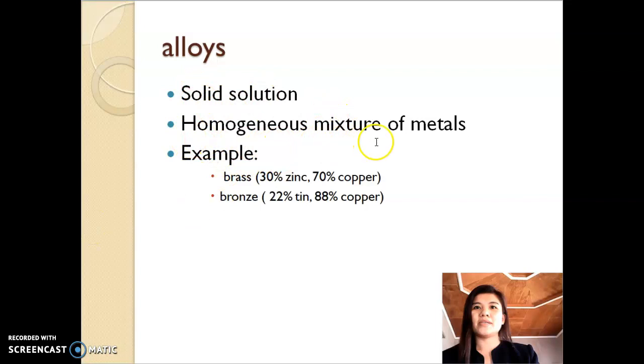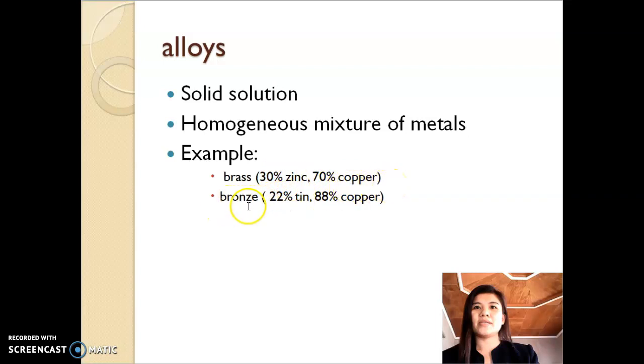They are homogeneous mixtures of metals. So, for example, in our previous slide, the brass is composed of 30% zinc and 70% copper. So, going back to the components in the brass, for the solute it's zinc, and for the solvent it's copper.